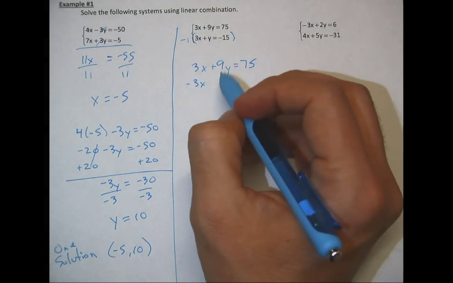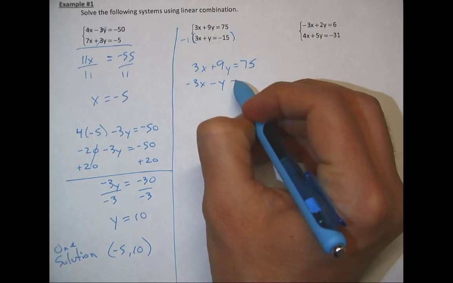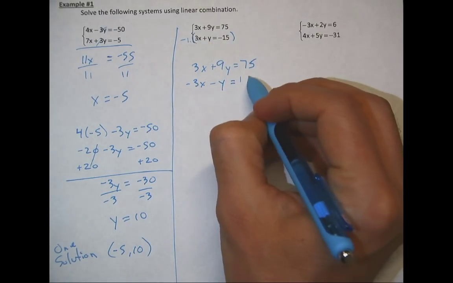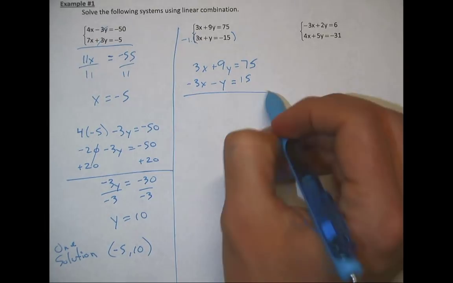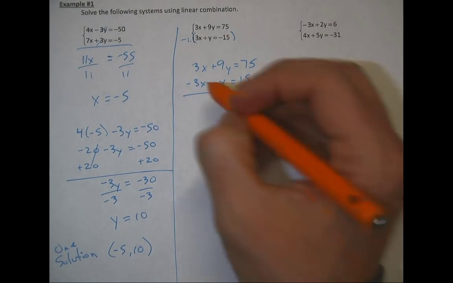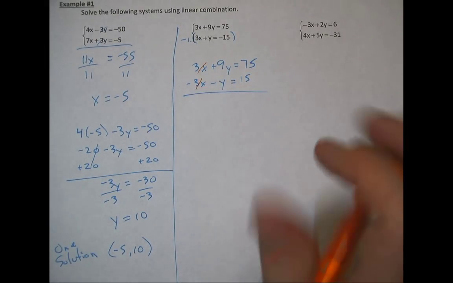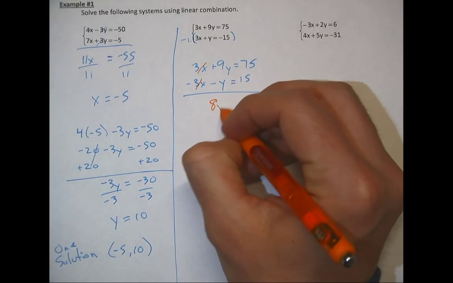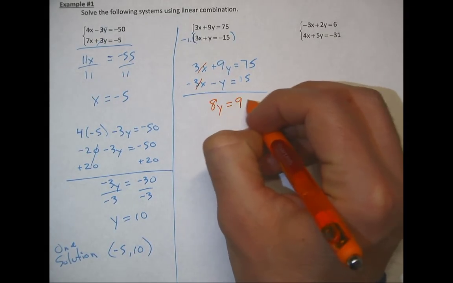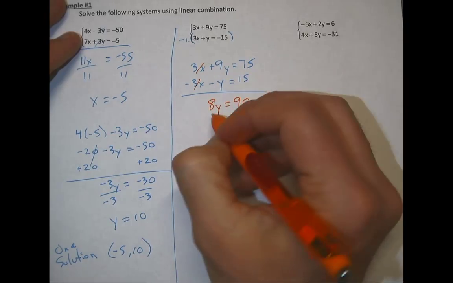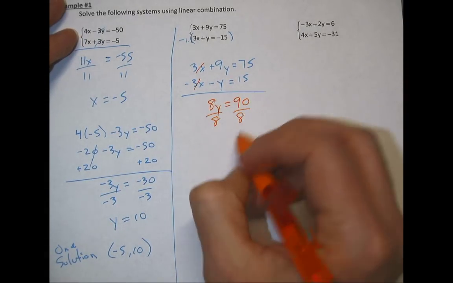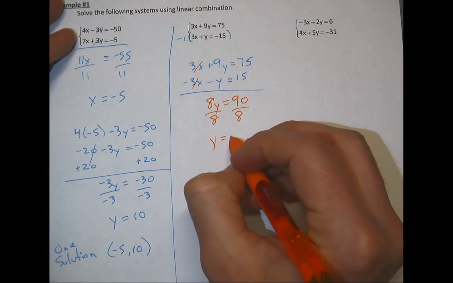So when I go ahead and multiply here, I get negative y. And when I multiply here, I get positive 15. I'm set up now so that these will cancel. I get 8y. And I get 90. Divide by 8. It doesn't go in perfectly, but not a bad decimal.